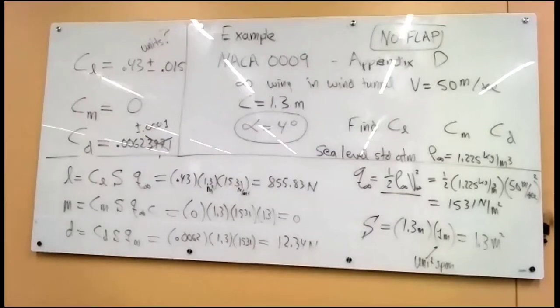So it looks like we got about 10 minutes left, maybe a little bit more. So all of this is for airfoil, two-dimensional, infinite wings. And this is how you do those. You find the data for it in your wind tunnel data, and these are how you do the calculations.